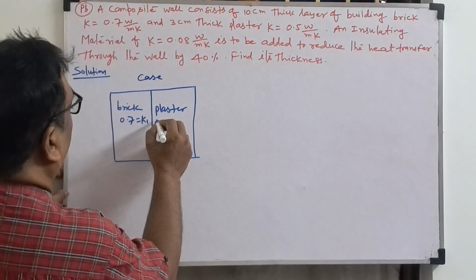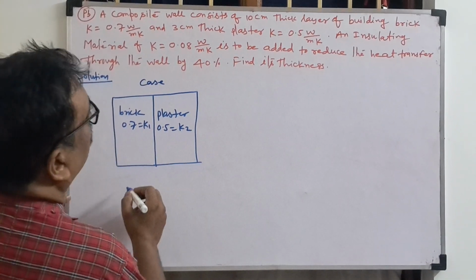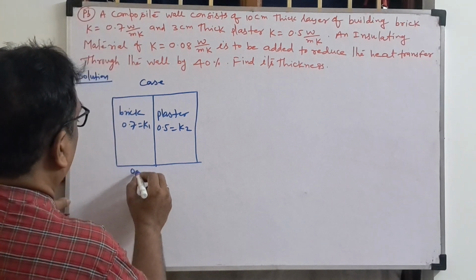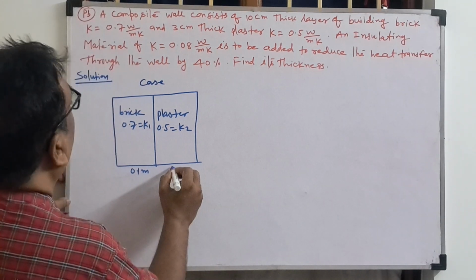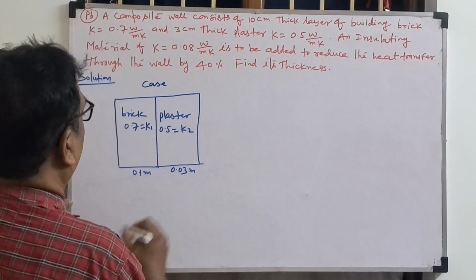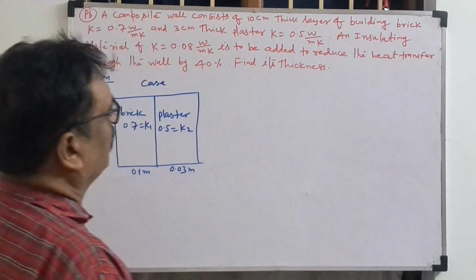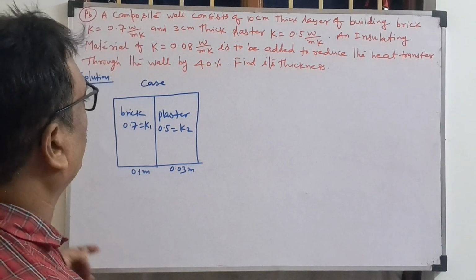Then 0.5 is called K2, thermal conductivity. And the thicknesses given are 10 centimeter, so 0.1 meter, and 3 centimeter, so 0.03 meter. Temperature is not given, so maybe we have to calculate the temperature first.